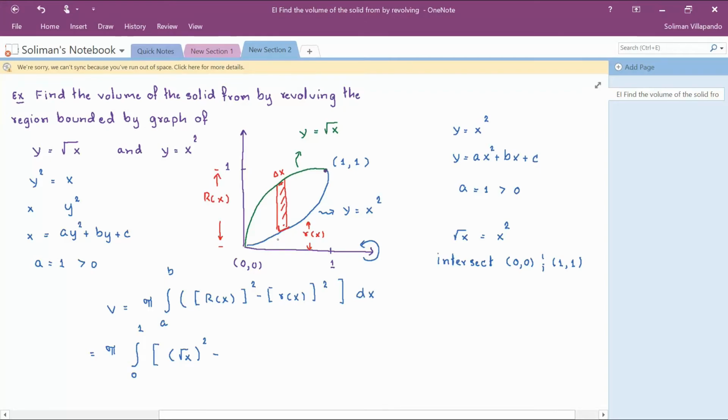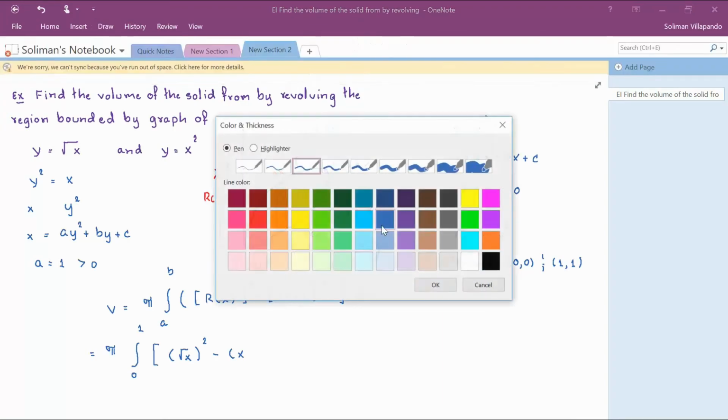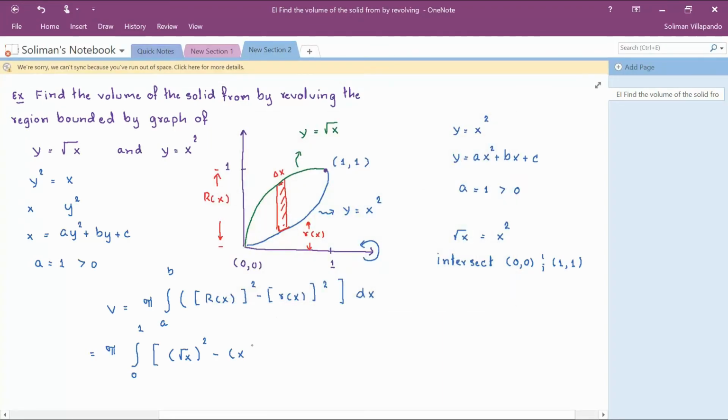So it changed, as you can see here. We're going to subtract that, which is x squared. I forgot the square here. x squared, but we have to square it, dx.